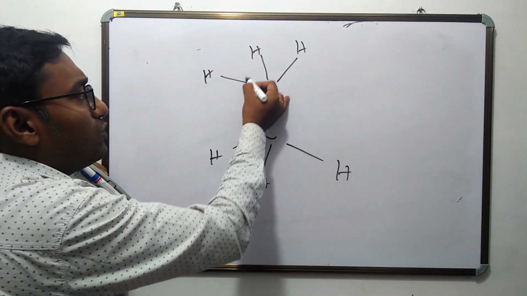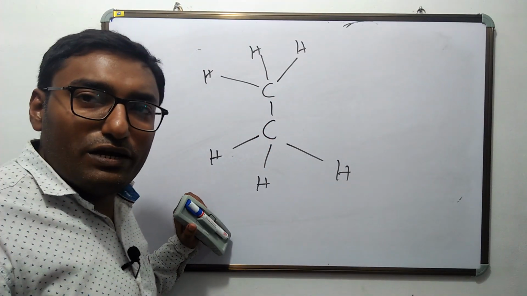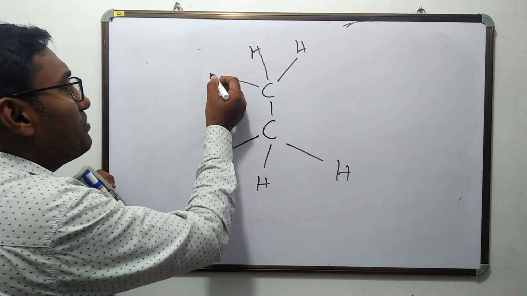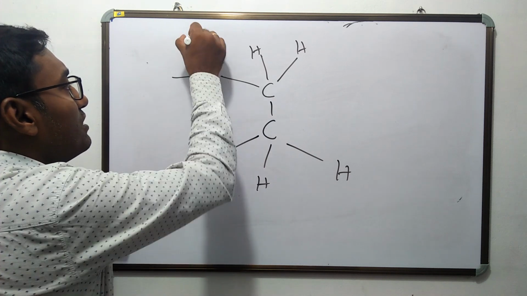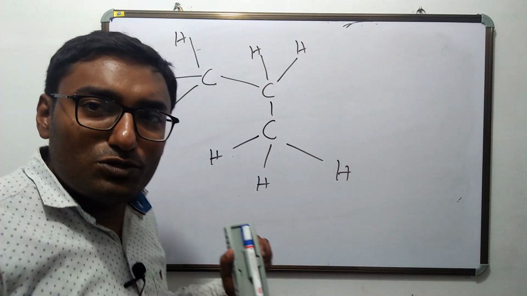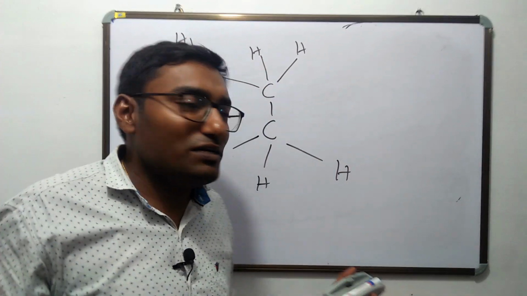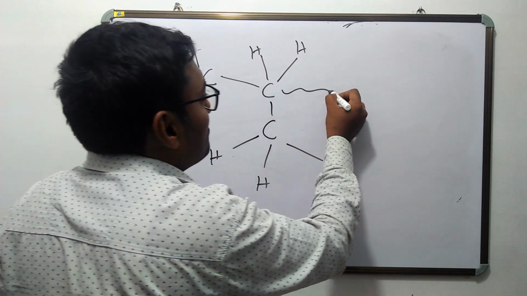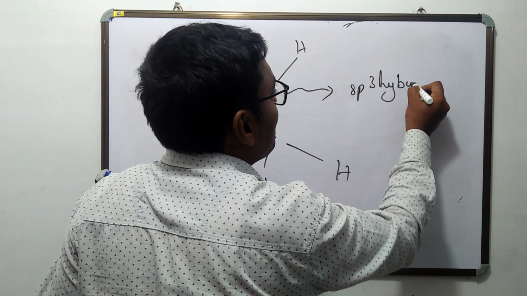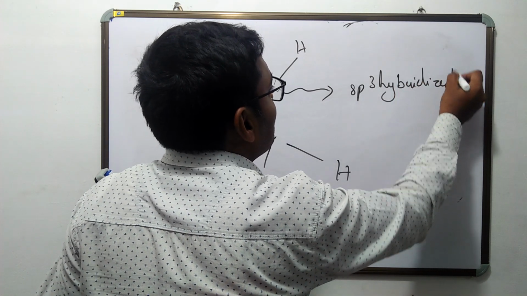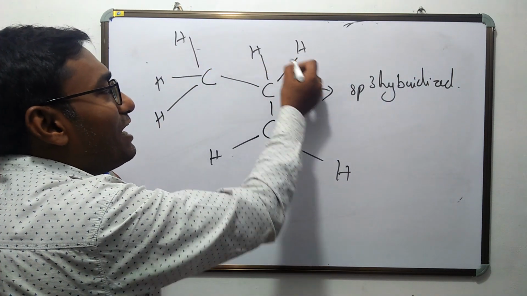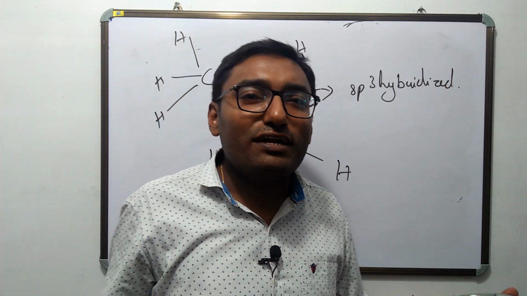The angle between any two bonds is 109 degree 28 minutes. You want to go for propane? It's simple. Write one C. Propane. The angle between any two bonds is 109 degree 28 minutes. Each of the carbon atoms in an alkane is sp3 hybridized. Each is having a tetrahedral shape and each is having an angle of 109 degree 28 minutes.